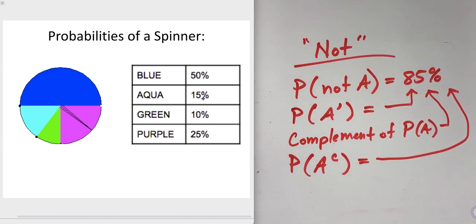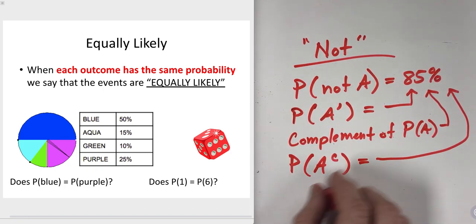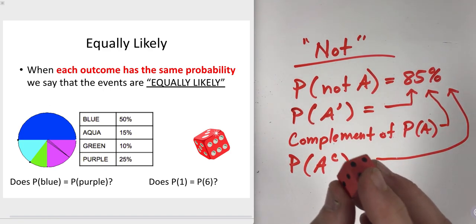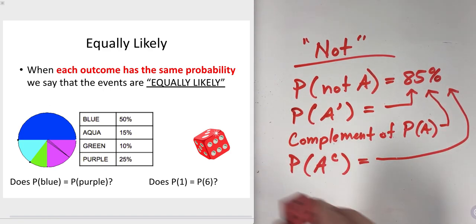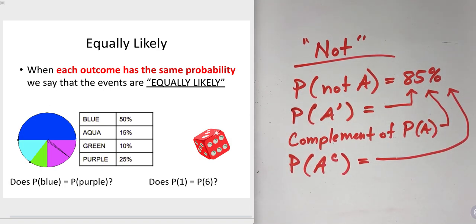I've got one more thing to point out to you, which is the idea of what "equally likely" means. If I ask you about rolling this die, every side that I roll on the die is going to have a 1/6 chance of happening. So every outcome has an equal chance of happening. So a die is an example of an equally likely experiment. But in the case of the spinner, you'll notice this is not equally likely because you have a 1/2 chance for blue, 15% chance for aqua, 10% for the green, and also 25% for purple.